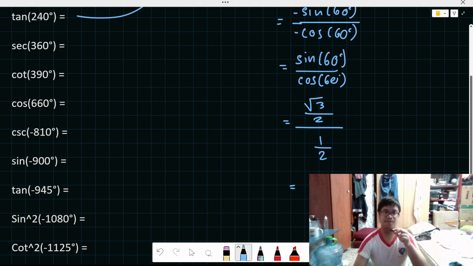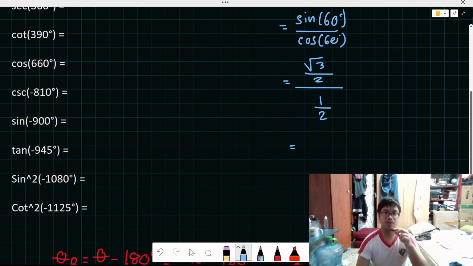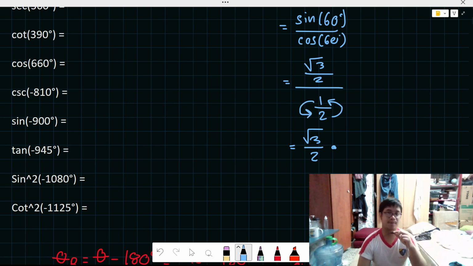Now we will simplify this fraction. All we need to do is copy the numerator, square root of 3 all over 2, times the reciprocal of the denominator, or basically you switch the positions of the given numerator and denominator. Exchange their position, so you will have 2 all over 1.